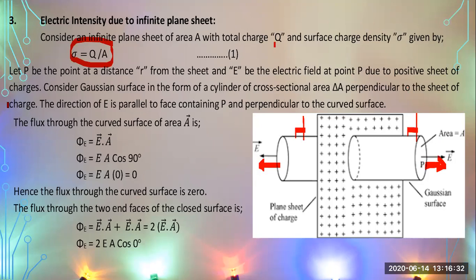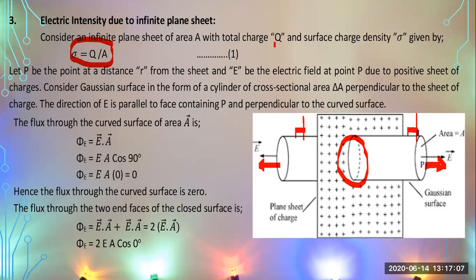Consider a Gaussian surface in the form of a slender cylinder of cross-sectional area delta A, perpendicular to the sheet of charge. Considering only this one portion of the cylindrical surface from the infinite sheet, the electric field intensity and the area are both along the same direction.